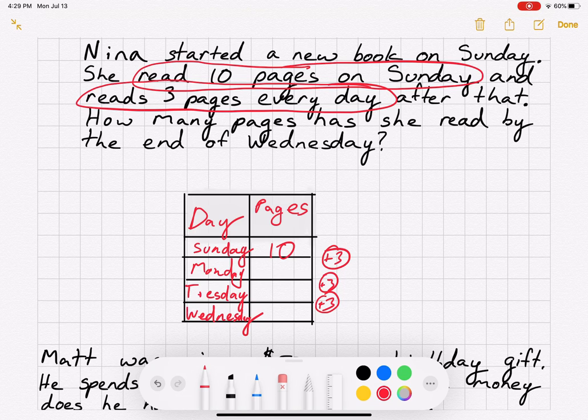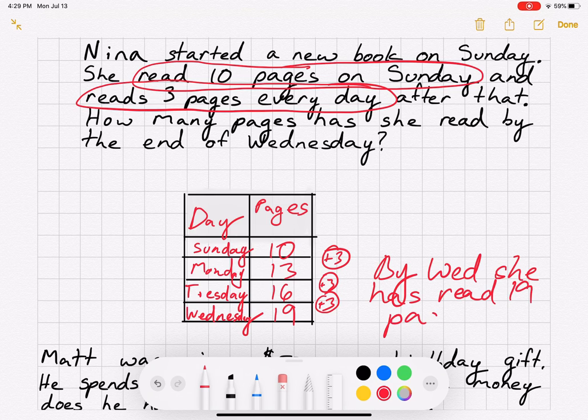Now, this is a T-table showing Nina's progress in her ability to read. So I just now figure it out all the way to the end there. So 10 plus 3 is 13, 13 plus 3 is 16, 16 plus 3 is 19, and then by Wednesday, she has read 19 pages.